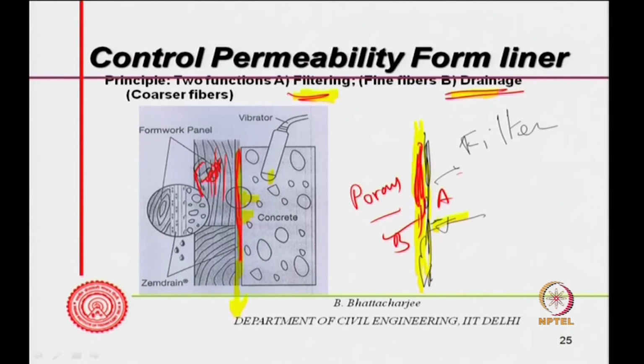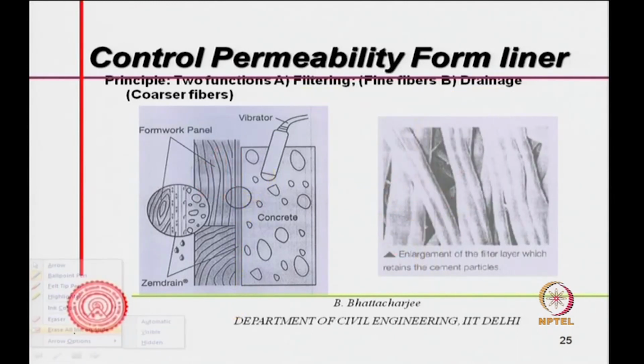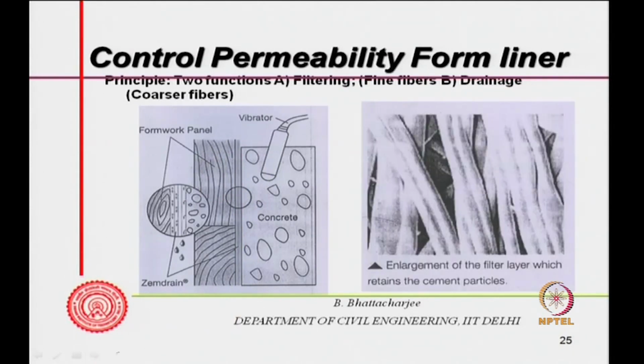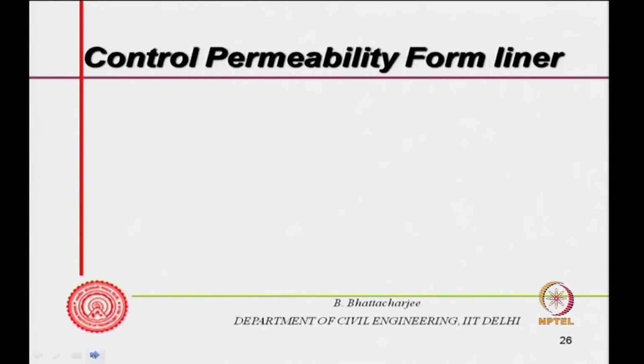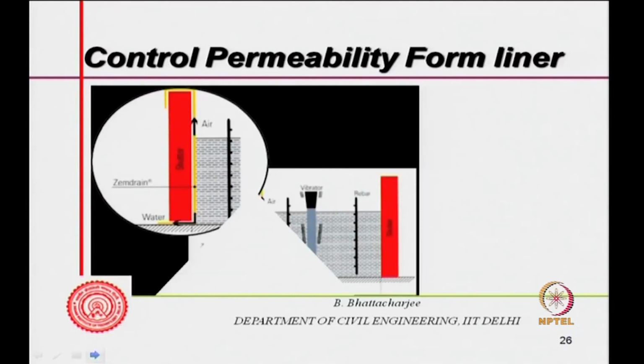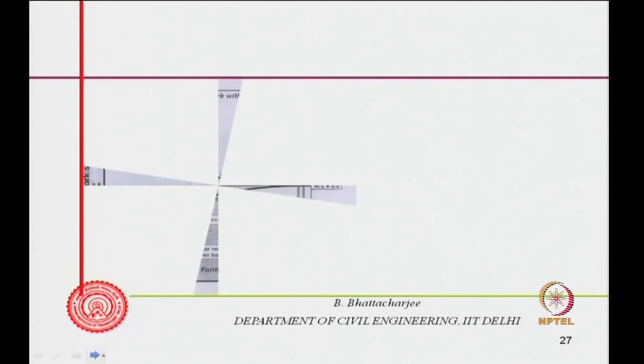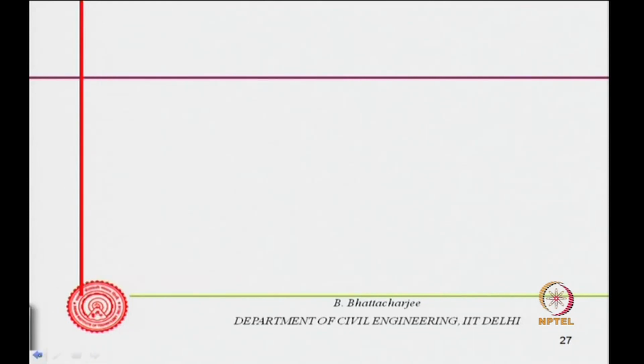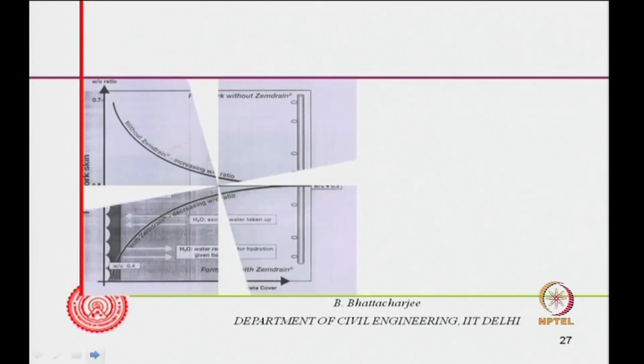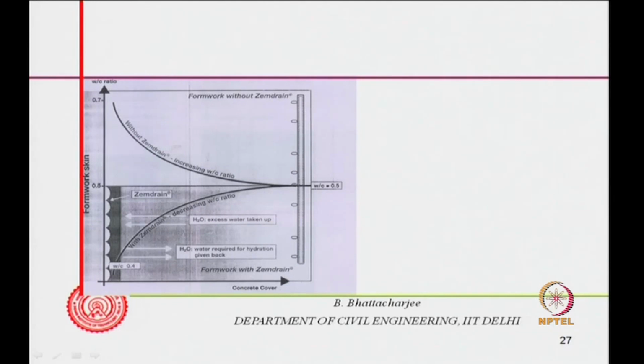So, the result is a low water cement ratio at the surface. You see this is the lining material, this is your formwork, and when you vibrate, water and air have a tendency to move towards the outer periphery.